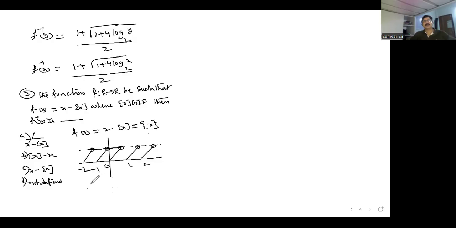See, this function is the fractional part function. It is not one-one. Therefore, it is not bijective. f of x is not bijective.